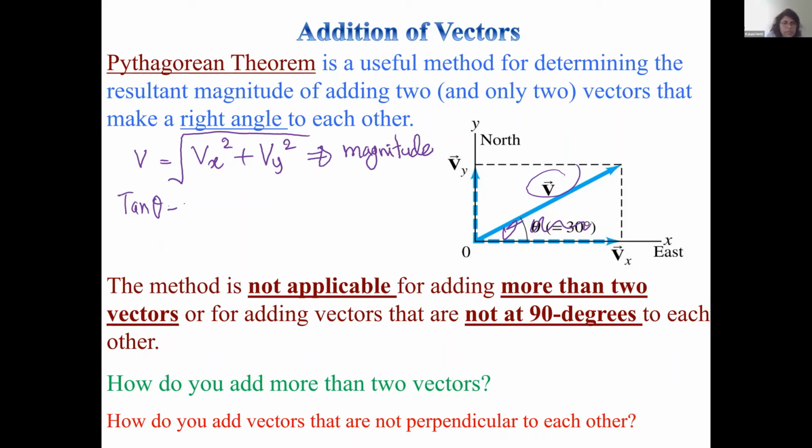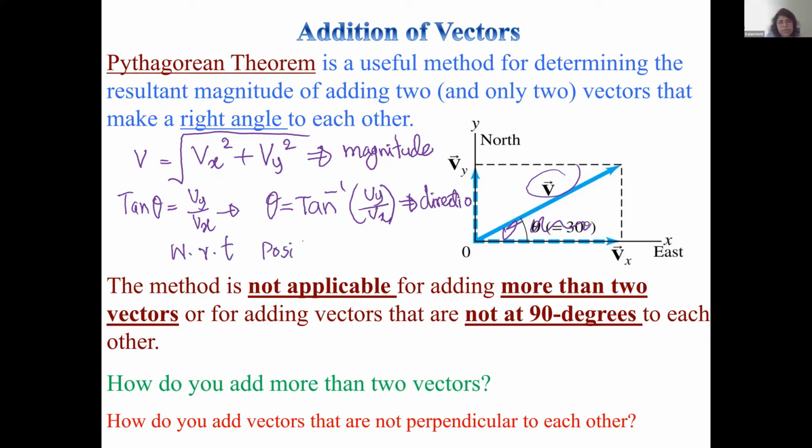Tangent of theta equals opposite over adjacent, that is Vy over Vx, and you find theta by taking the tangent inverse of Vy over Vx. In this example it is in the first quadrant. If it is not in the first quadrant, you need to write the direction with respect to the positive x-axis, as always.